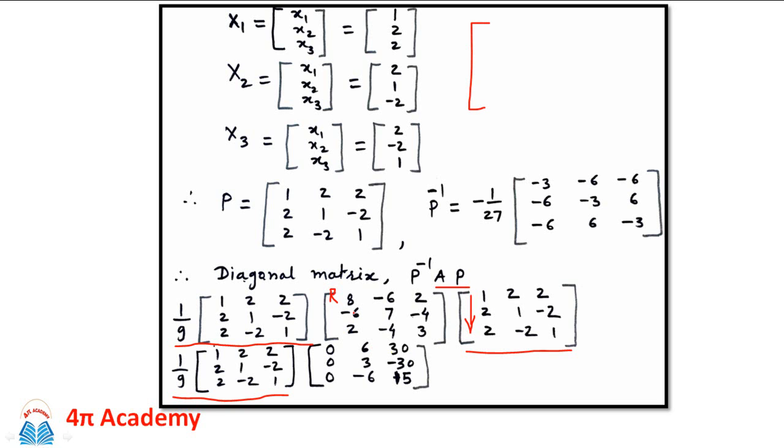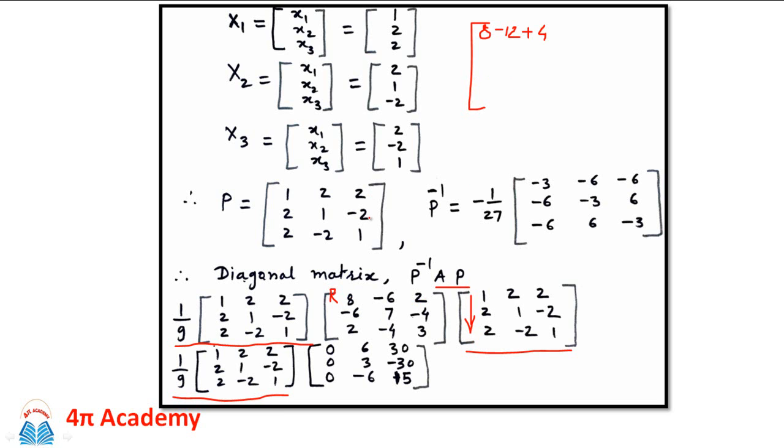That will be 8 into 1, so that is 8. Then minus 6 into 2, that is 12. Then plus 2 into 2, that is 4. So this is my first element of the product matrix.